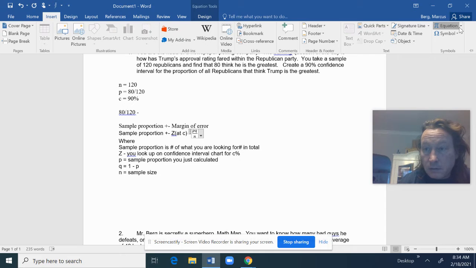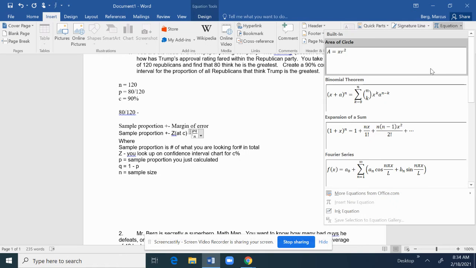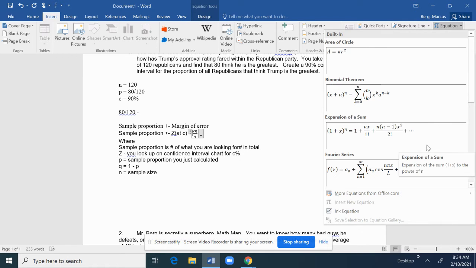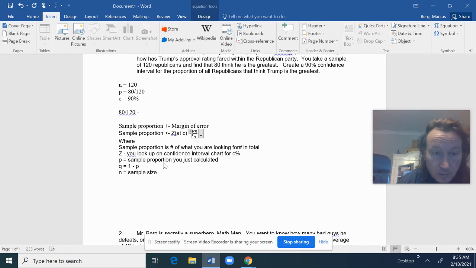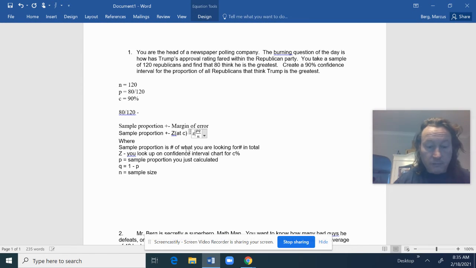Man, equation. I don't know, something's not working in here. So I'm just gonna put square root, and we'll put it in parentheses.